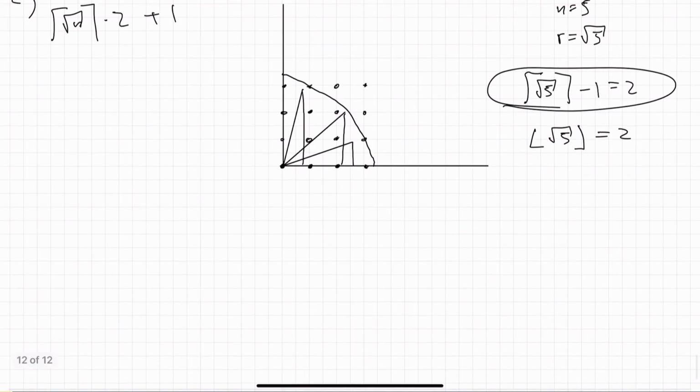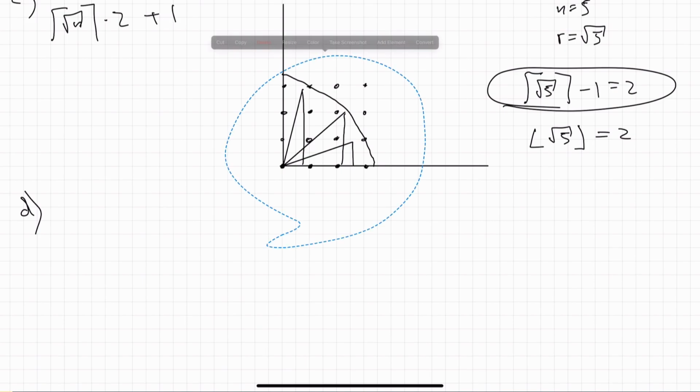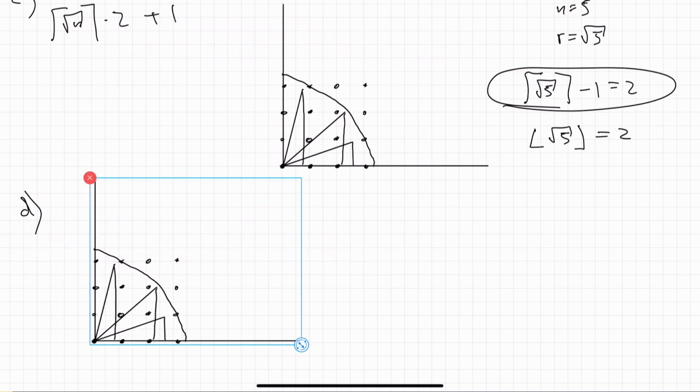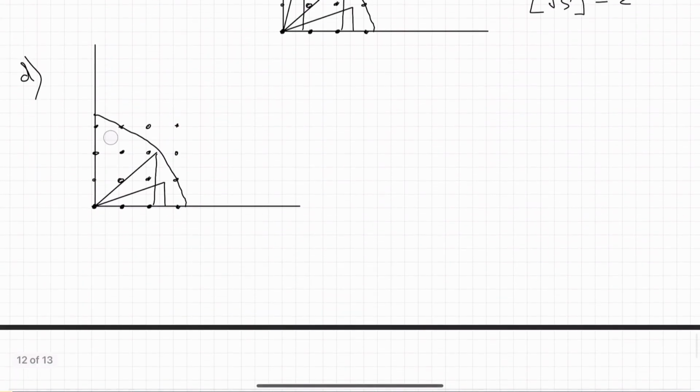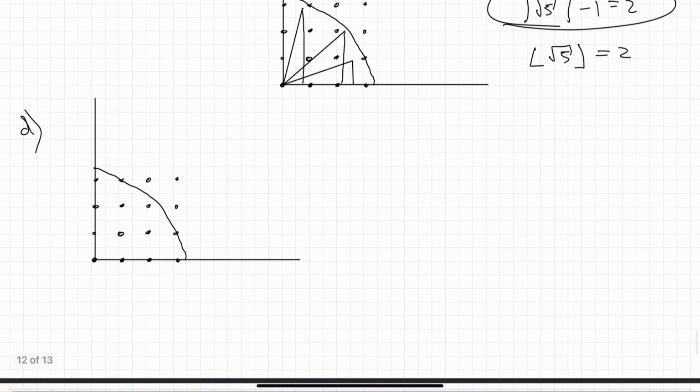Now, again, if we go to part D, I'm going to copy this diagram and paste it, scroll down a bit, and get rid of these line segments.